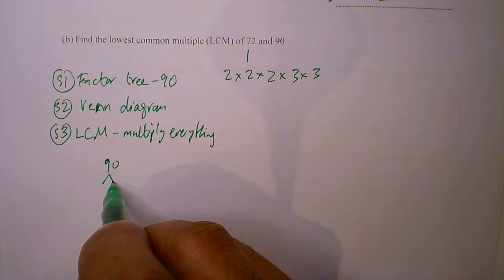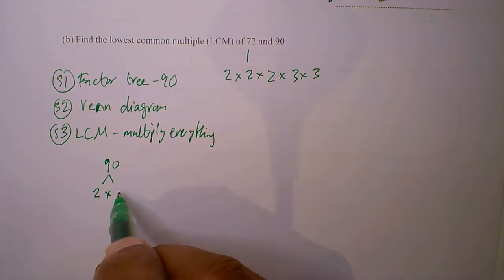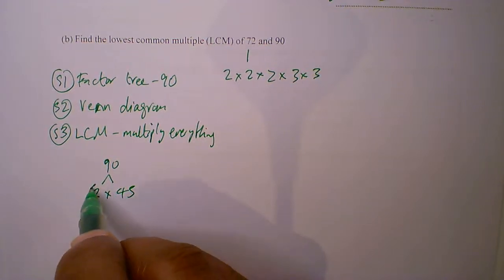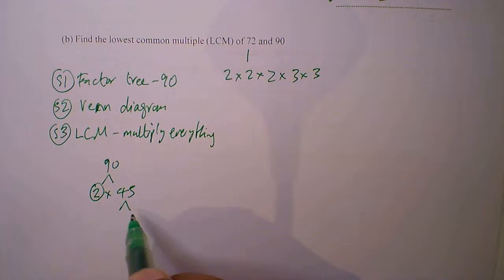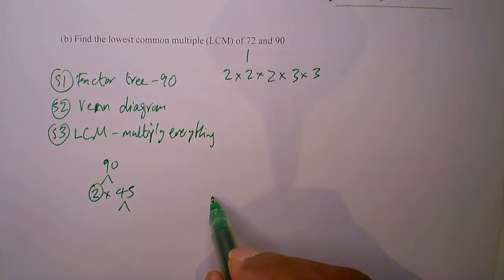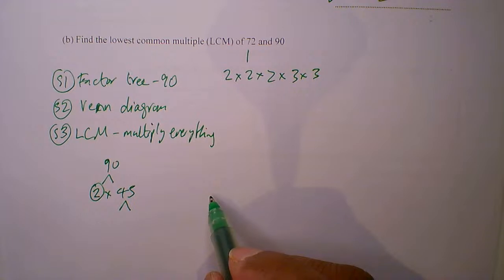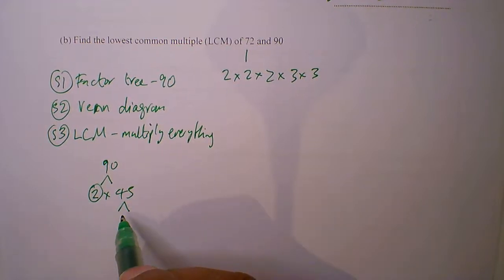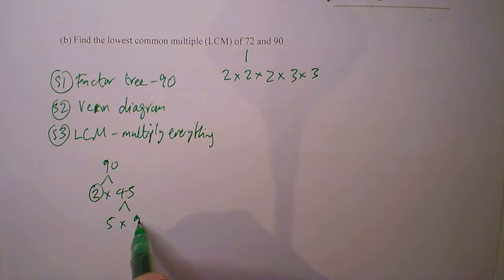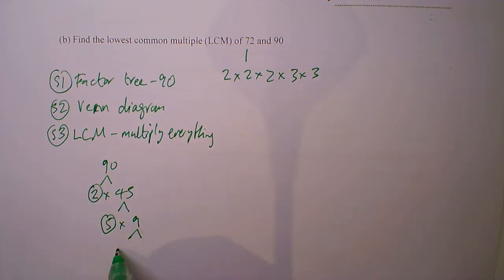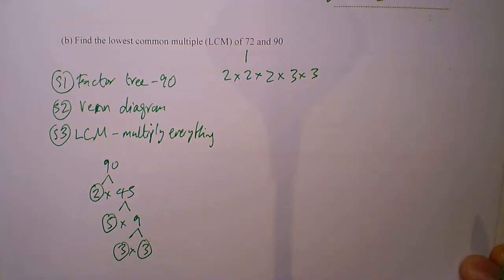Step 1, 90, again, it's an even number, 2 times 45. 45 is 5 times 9, if I know my 5 times table. 5 is a prime number, circle that. 9 is 3 times 3, there we are. And again, you can do this part differently. It doesn't have to be exactly like mine.